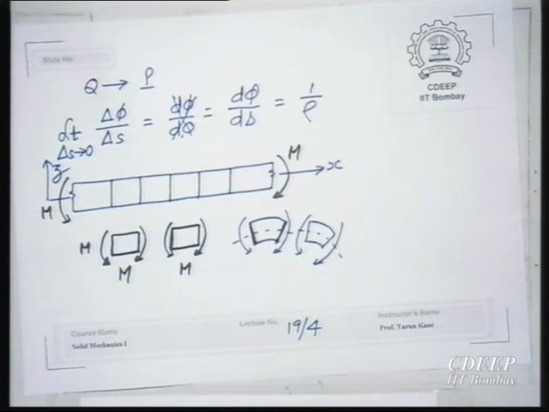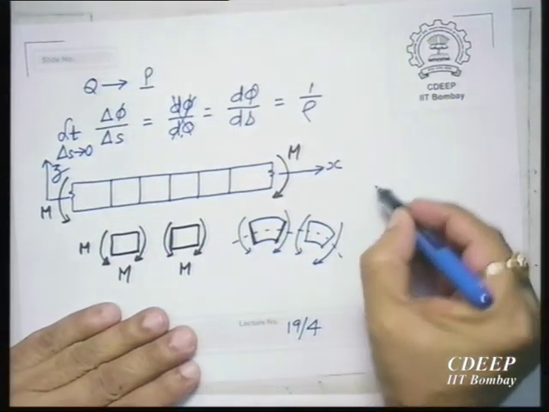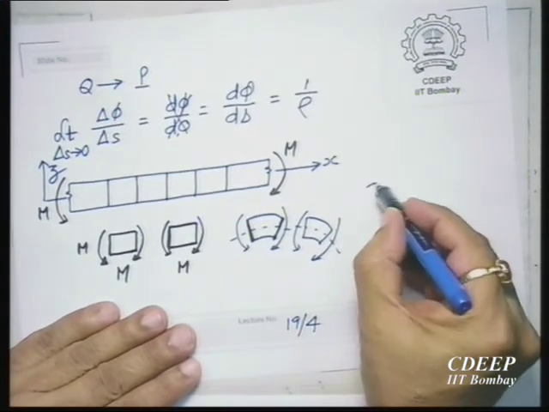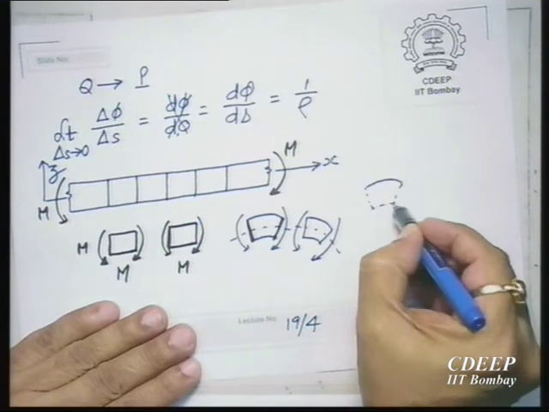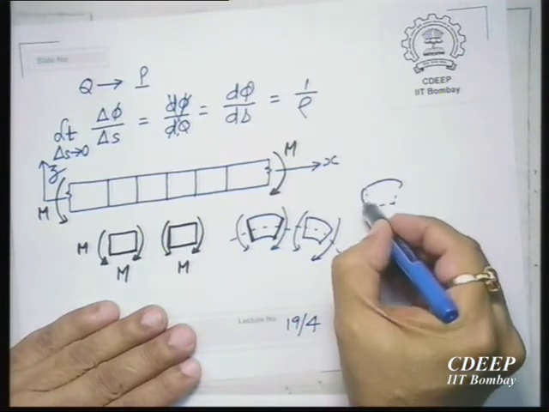Let us say, for the sake of argument, that it does not remain straight, and let us say it bulges out.